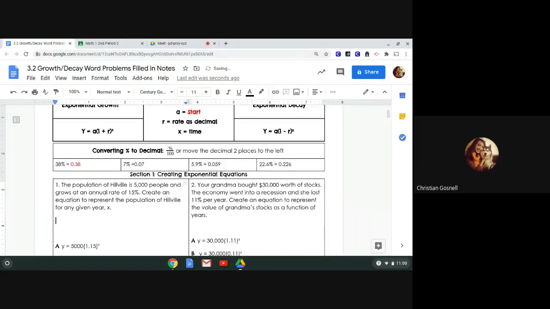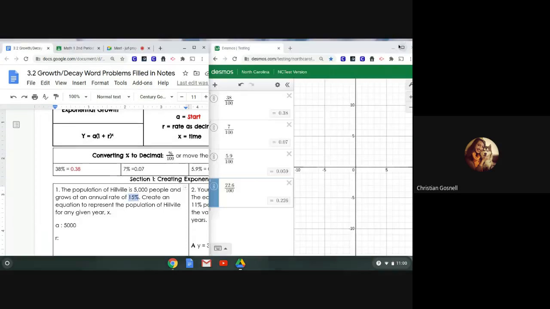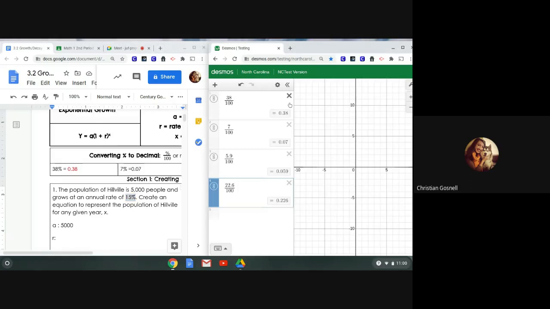Your a is your start value, so Hillville started with 5,000. Your r is your percent as a decimal. I'm given 15%, so 15 divided by 100 means our r value is 0.15.